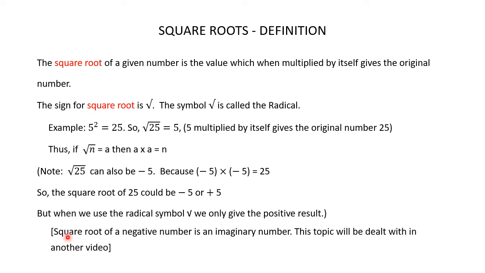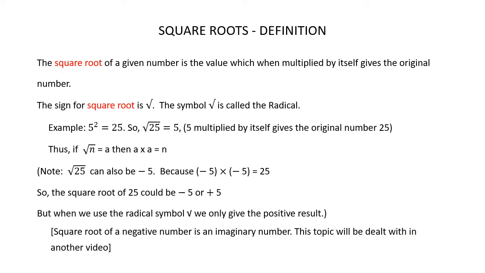You can find the square root of a negative number also. For example, the square root of minus 25 can be found out. But the square root of a negative number is an imaginary number, and this topic will be dealt with in another video.